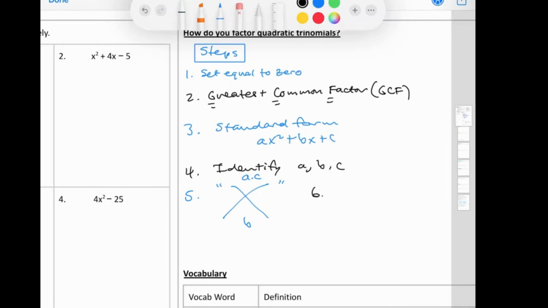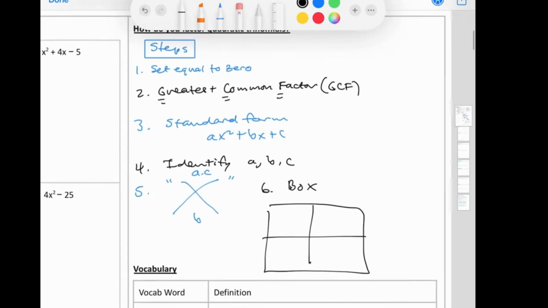Number 6, I'll put over here, you're going to do the box. And the box looks like this. And what you put inside the box, I'll just use the above one as a help. You're going to put ax squared always in this part right there.